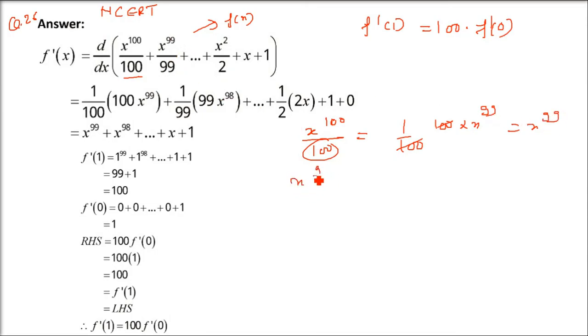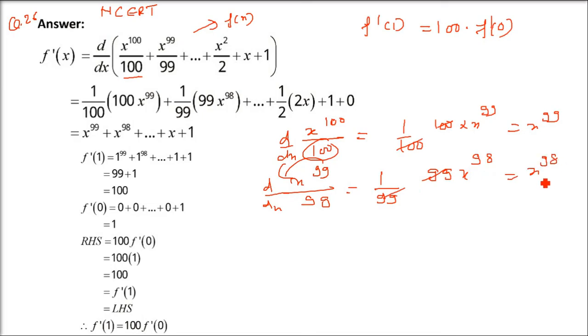Now coming to the second one, x raised to 99 by 99. d by dx of this is 99 outside, x raised to 98. So 99 cancels. The first one is x^99, the second one is x^98.